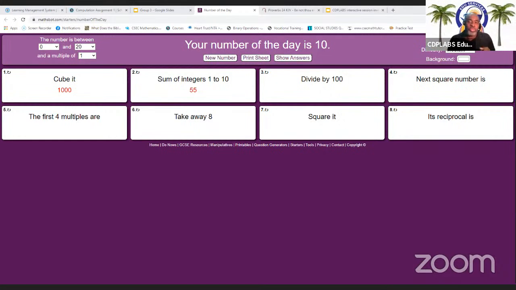So 1 plus 2 plus 3 plus 4 plus 5 plus 6 plus 7 plus 8 plus 9 plus 10. All of those numbers you must add together and you get 55. There's a sum. The integers from 1 to 10 are positive integers. And you also have negative integers too, right? What you call a negative number is an integer. All right. Now, the number of the day, 10, divided by 100.